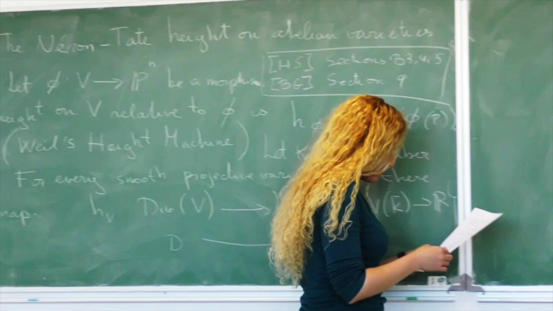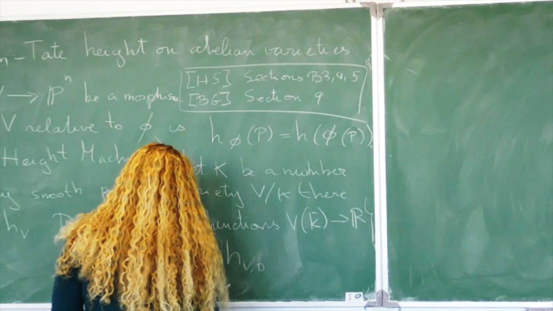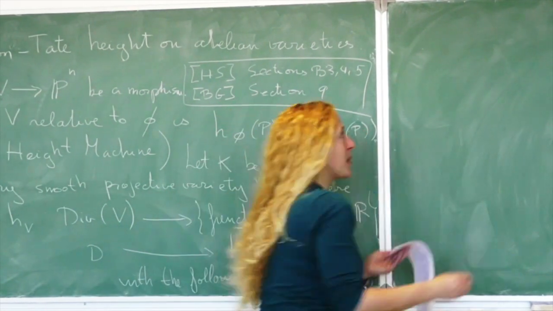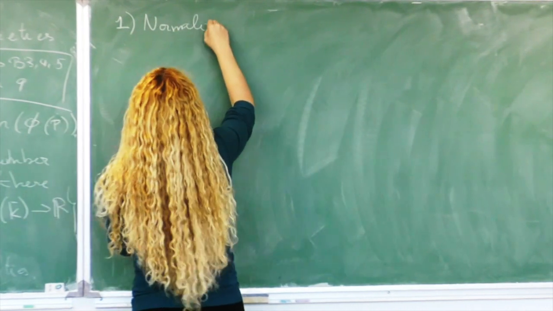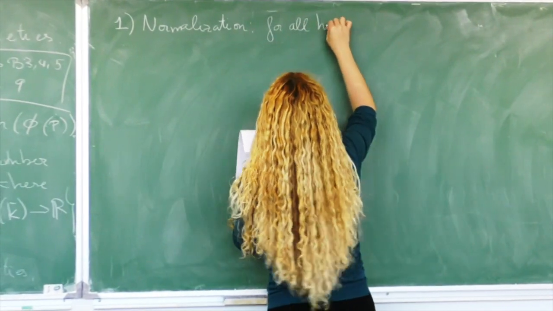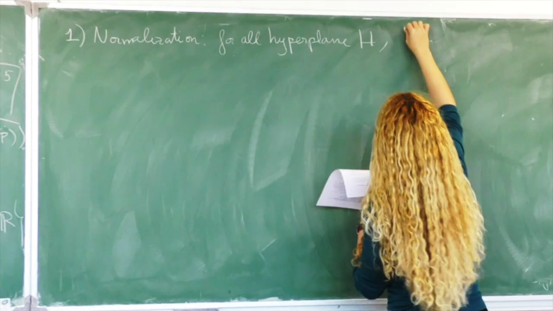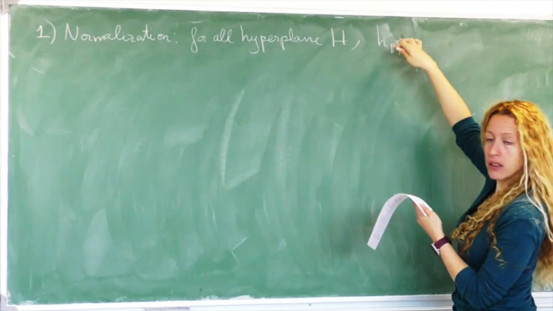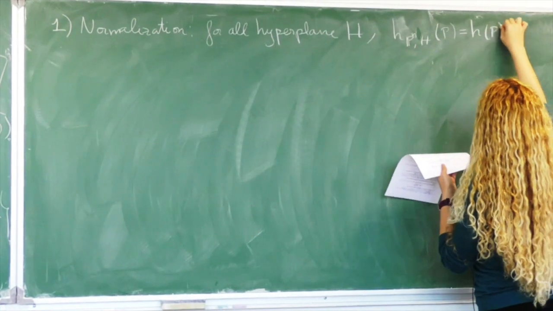Now, of course, I'm going to state the properties that those heights satisfy. The properties have names. The first one is normalization. For a hyperplane H, the height on P^n associated to the hyperplane, for a point P, is equal, up to a constant, to the height of the point.